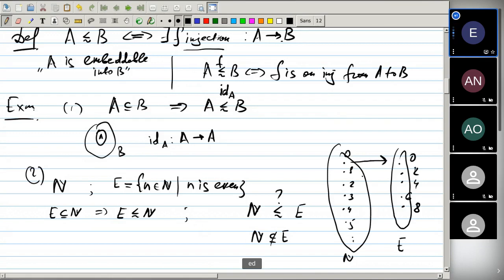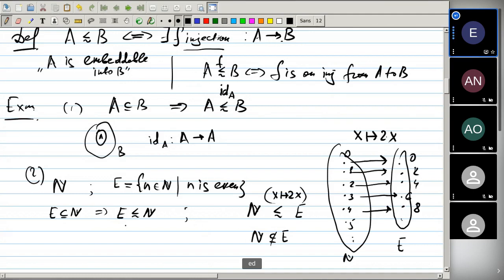You map 0 to 0, 1 to 2, 2 to 4, 3 to 6, 4 to 8, and so on. X to twice x. So our function is something like that. Every x is mapped to twice x. So this function is clearly an injection. Is it clear? Yes.